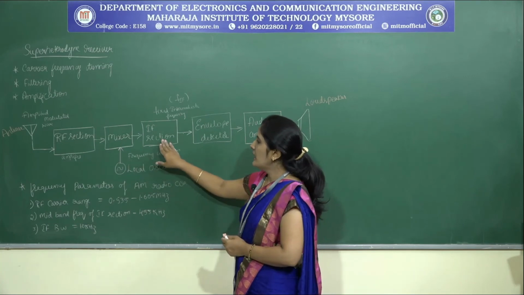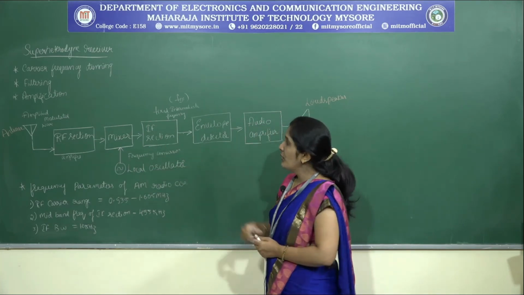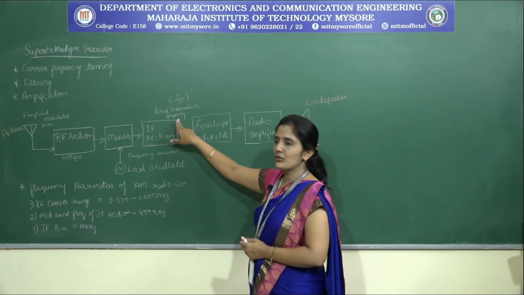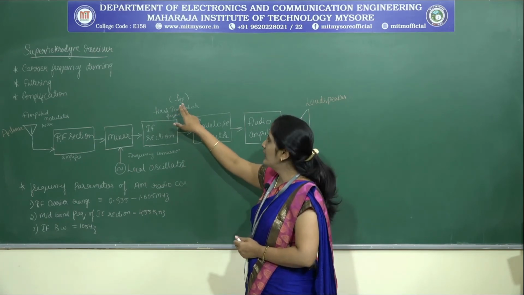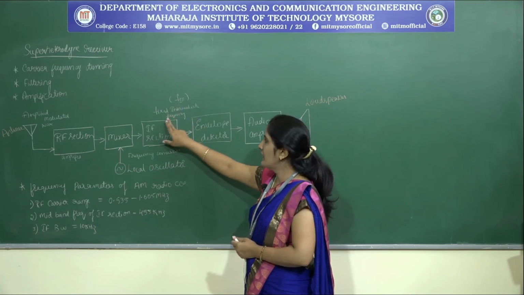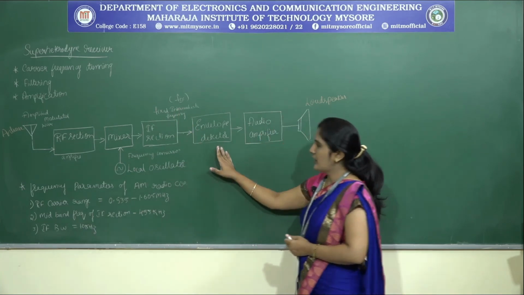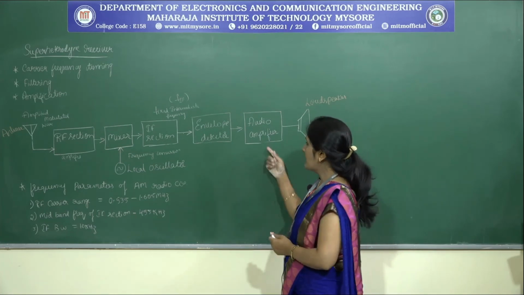At the IF section, the intermediate frequency section, we get a fixed intermediate frequency, represented by FIF, that is nothing but the frequency intermediate frequency. Again, on the demodulation side, we have the envelope detector as well as the audio amplifier.